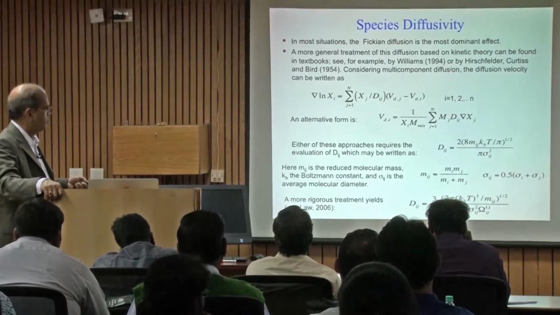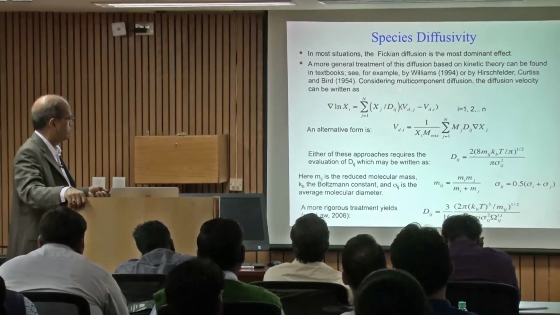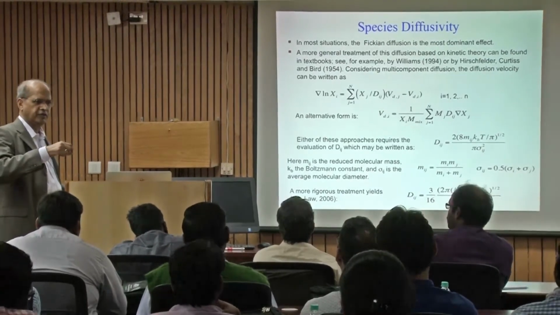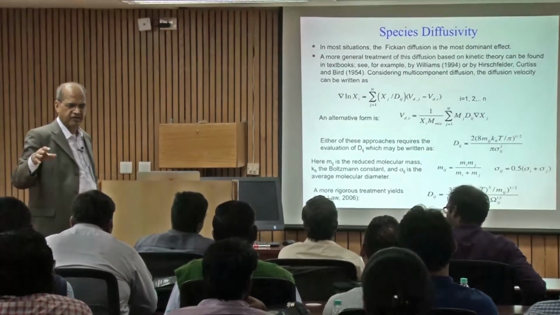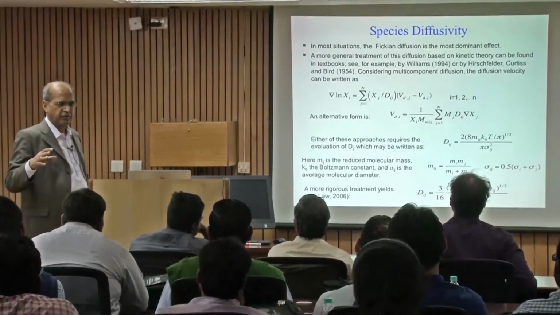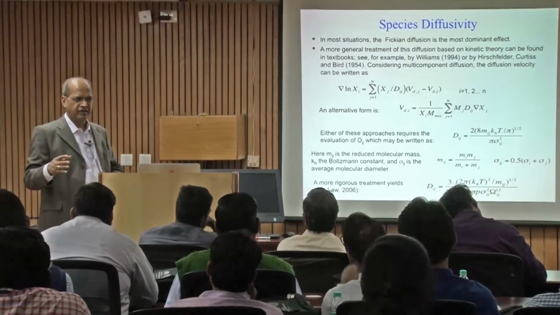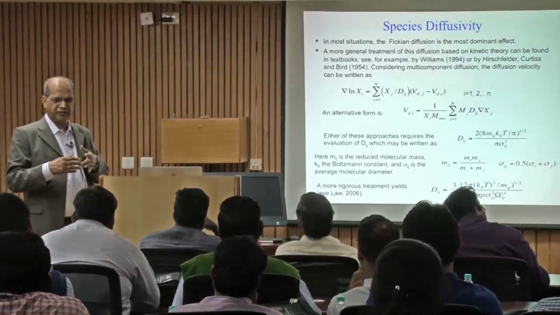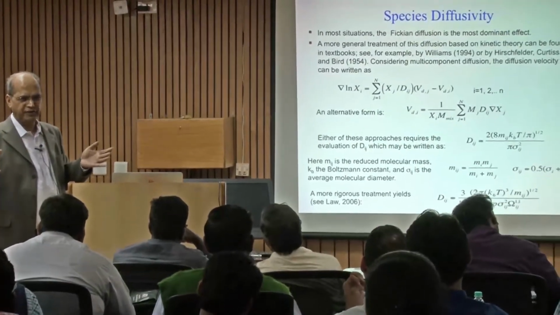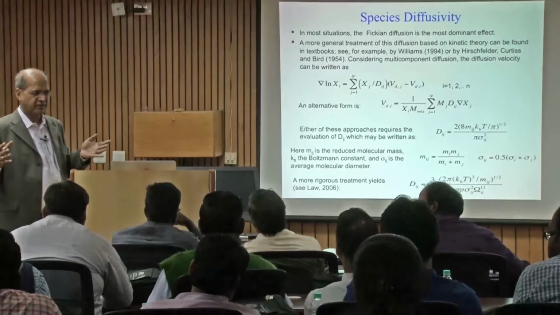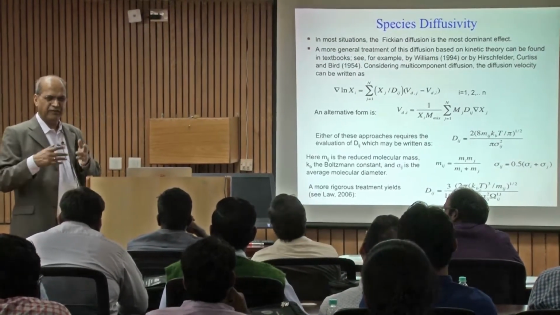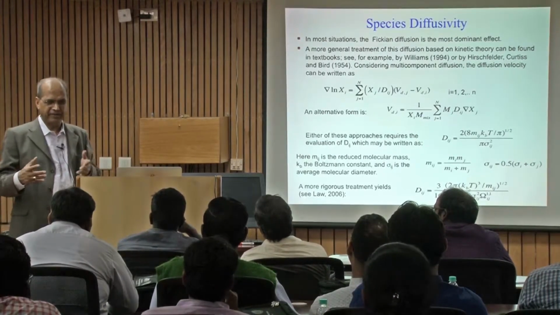So when you have multi-component diffusion, like say hydrogen is diffusing with respect to all the other gases, the problem becomes very complicated. If you have 100 species, each species is diffusing with respect to the other 100 species. Then how many diffusivities will you have? 100 times 100, and they are all functions of temperature and pressure, especially temperature.